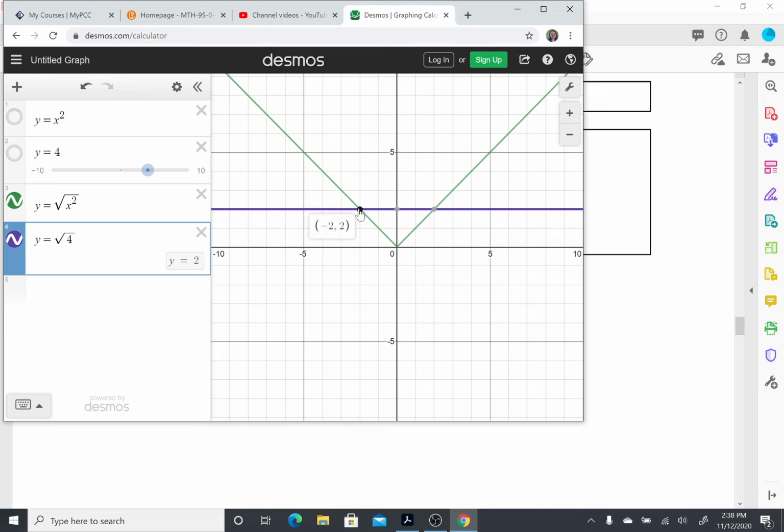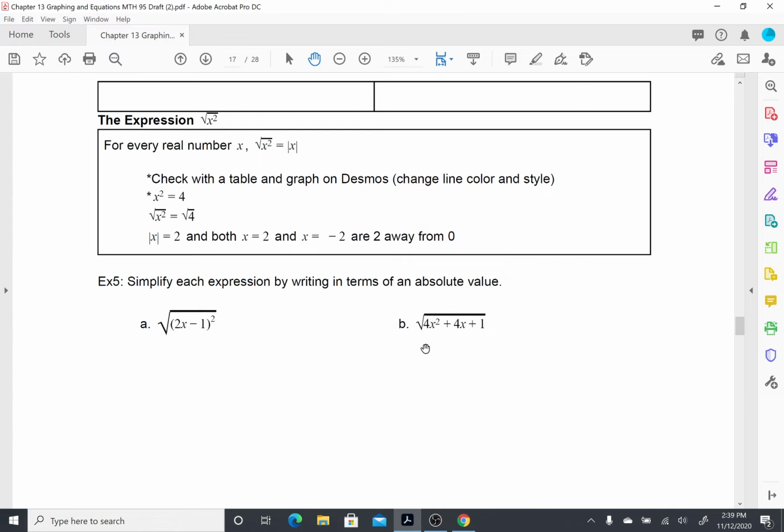When does that happen? Again, at 2 and negative 2. So we can rewrite it that way. We're still getting the answers 2 and negative 2. So we're finding that the absolute value of 2 equals 2, and both x equals 2 and x equals negative 2 are 2 away from 0. I think we knew that.